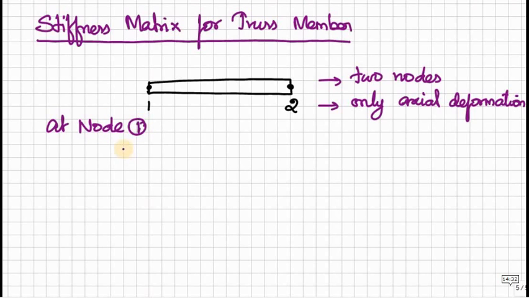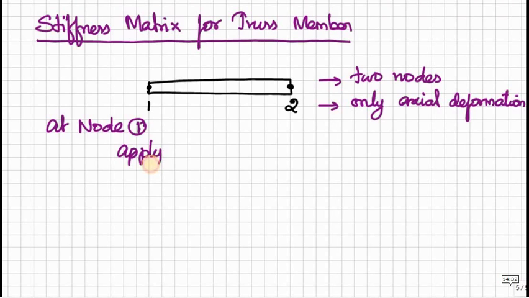So to derive the stiffness matrix, at node 1, we have to apply unit displacement, keeping the other node, that is the second node, number 2, as fixed.